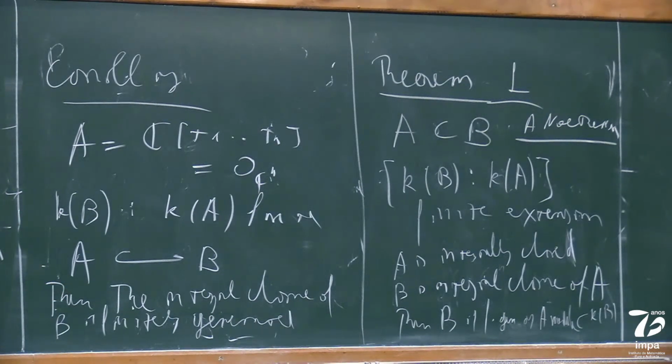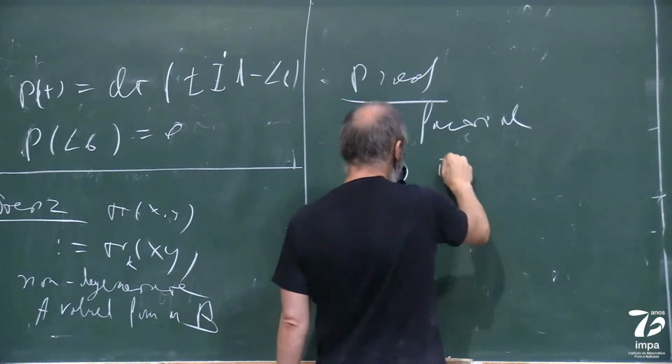And the proof actually uses factoriality. So proof. A is factorial. Then it is integrally closed.